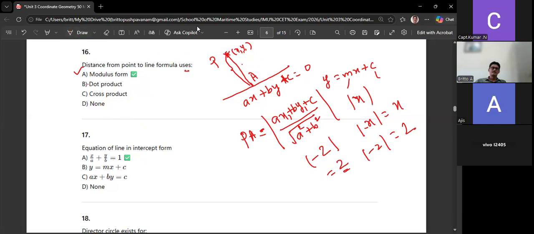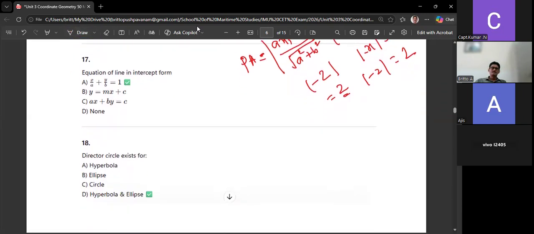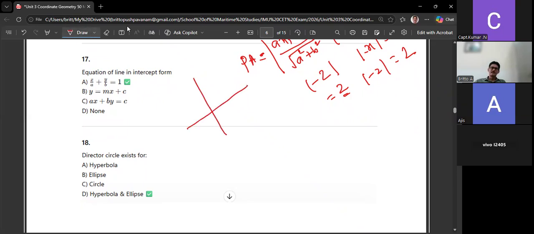Now, question number 17. The equation of the line in intercept form. See, intercept form means, this is the y-axis, this is the x-axis, and this is a line. The intercept means this straight line intersects at 2 points.